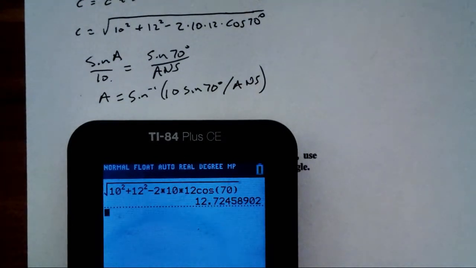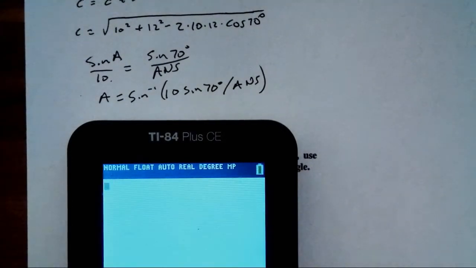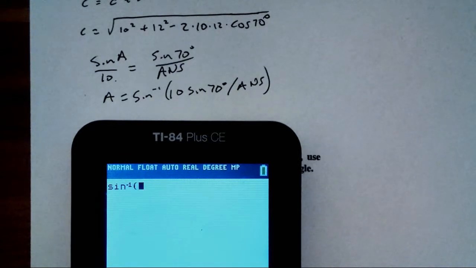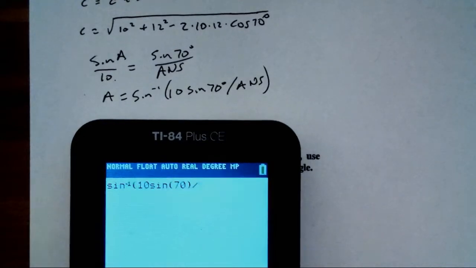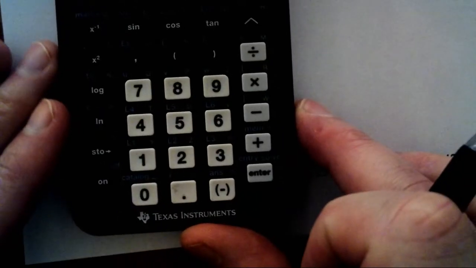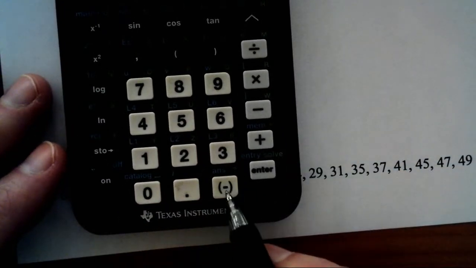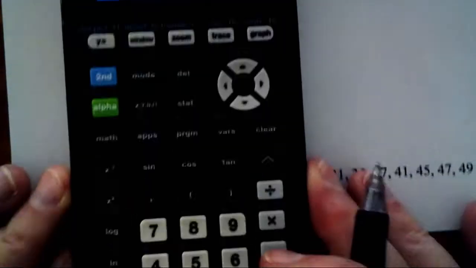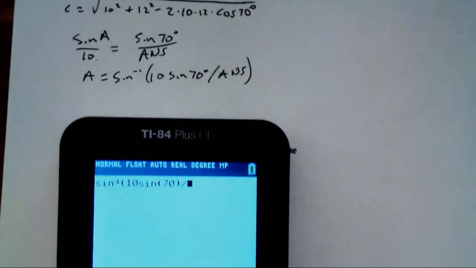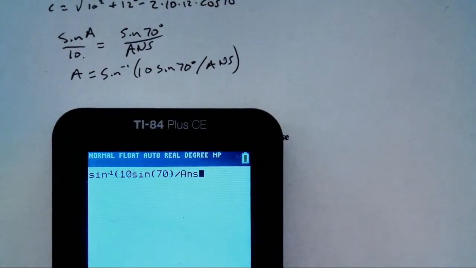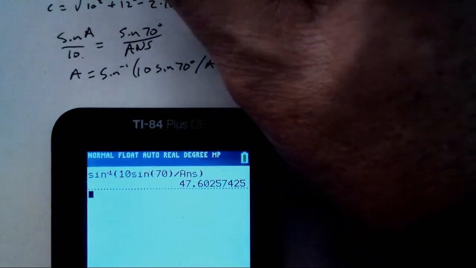So let's clear this and let's go second sine inverse of 10 sine of 70, close that and then divide by answer, located down here. It's second negative. So answer, second negative. And I get 47.6 for angle A.